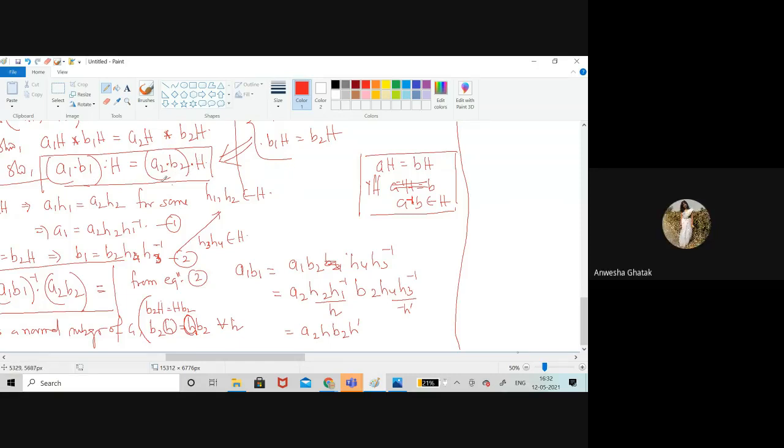Yes, sir. We can compose H dash inverse from the right side of the equation. Then we get A1 B1 H dash inverse equals A2 H B2. So from 3, right? This is your 3.